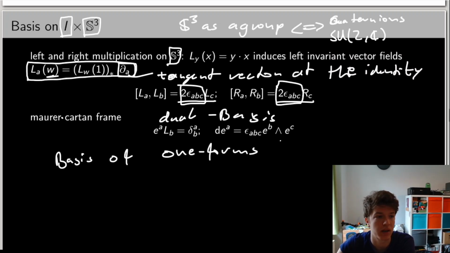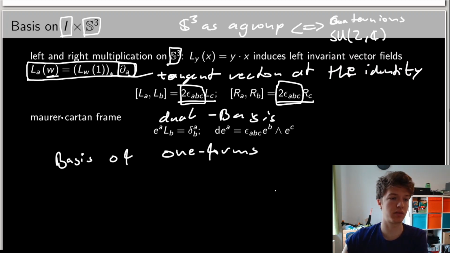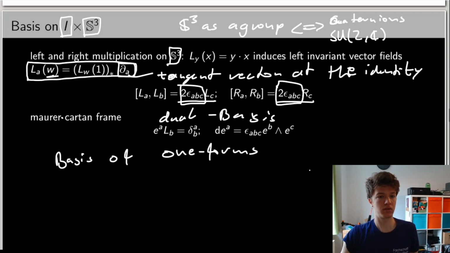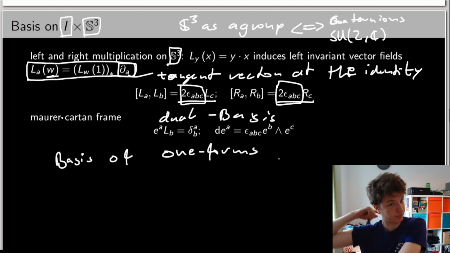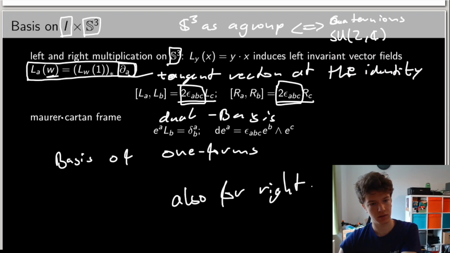So in total we get a basis of 1 forms, which is nowhere vanishing and left invariant, and a basis of vector fields, which is nowhere vanishing. And we can also do that for right invariant or right multiplication.